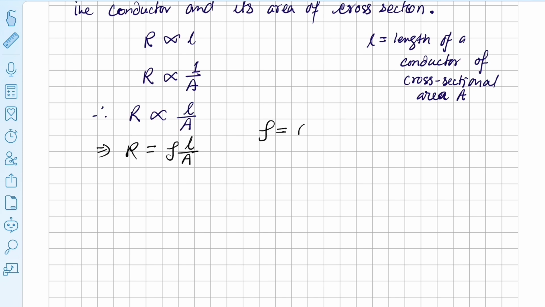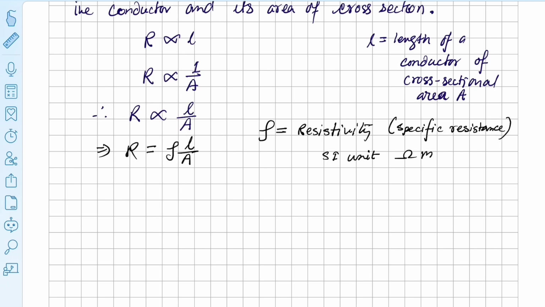This rho is known as resistivity or specific resistance, and its SI unit is ohm meter. And its reciprocal is known as conductivity. We're going to mention it later.